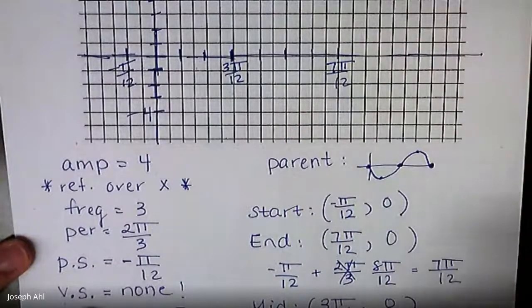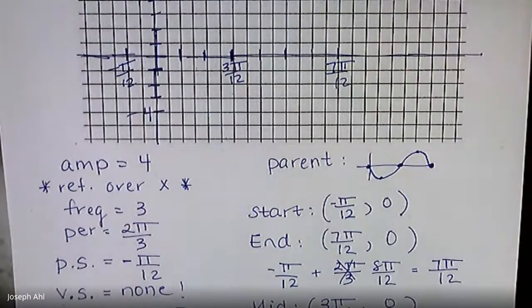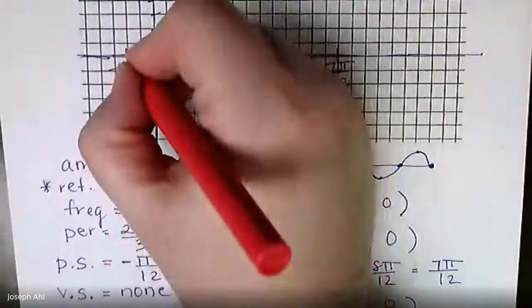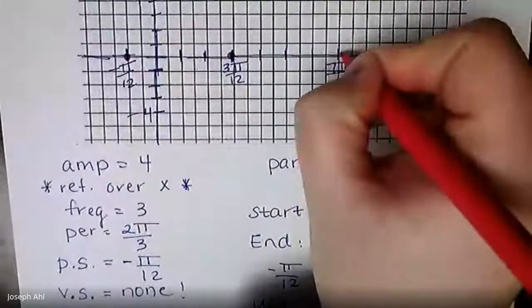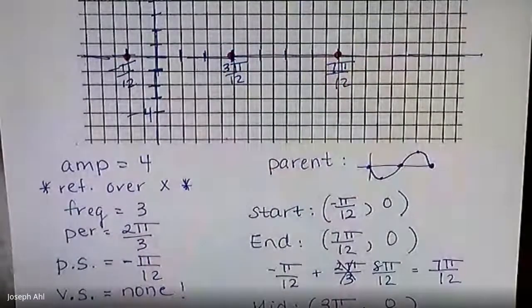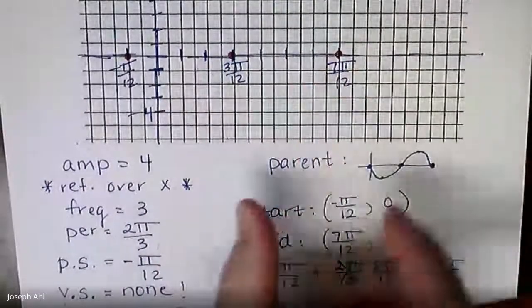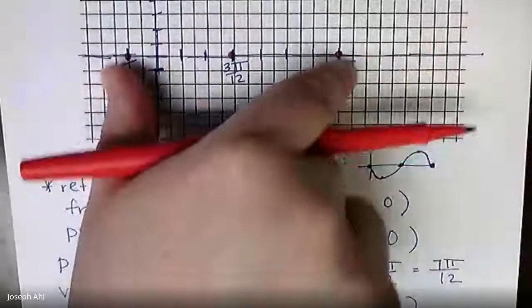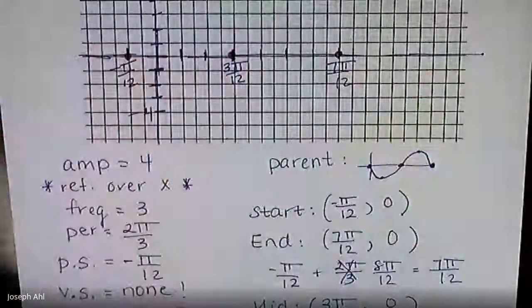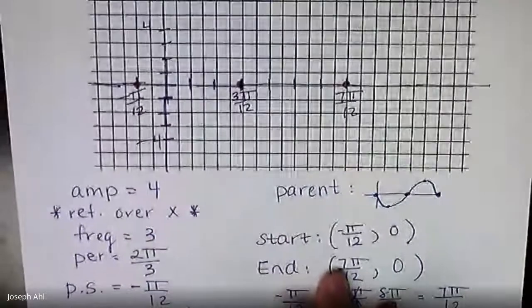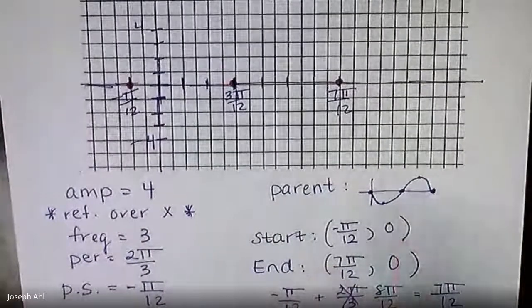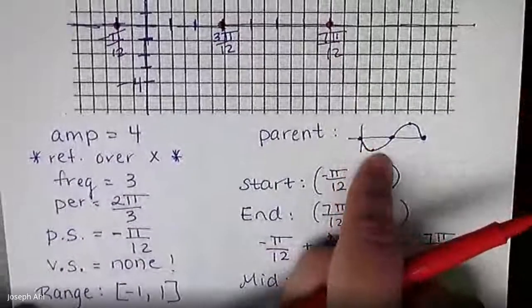Okay. When I go to make my sketch, the start, the middle, and the end all happen to be right at a y value of 0. If there was some sort of vertical shift, all those points would move up or down and be right on top of the wrap line. Okay. But what does sine do? Sine, if it's a negative, here's why I think sketching this parent is so important to remind myself.